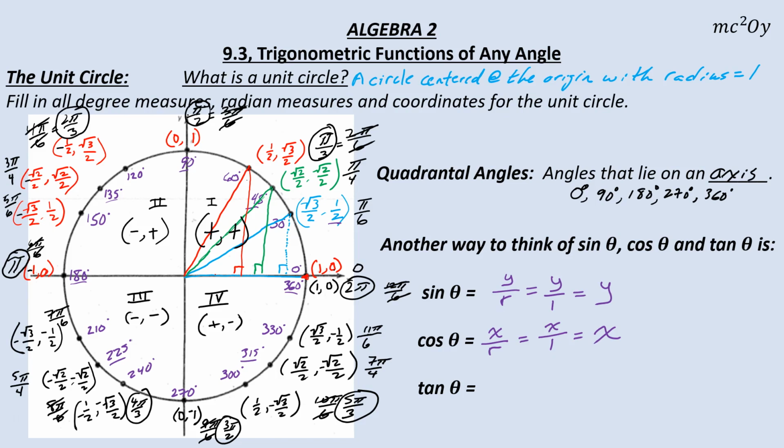And one thing to know about tangent, if I wanted to find, I'm going to just use my 30 degree triangle right here. Okay, so I'll sketch that out. The 30 degree triangle that we have. Okay, so there's theta.